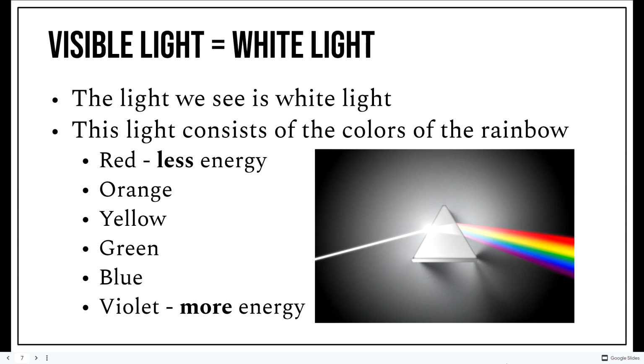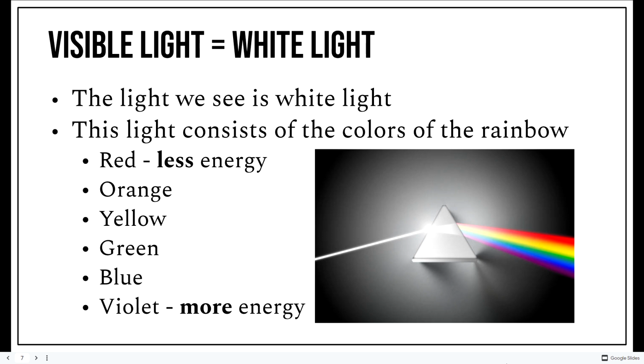Visible light is considered white light. That's the light that we see. It consists of all the colors of the rainbow. Remember that red has the longest wavelength, so it has less energy.